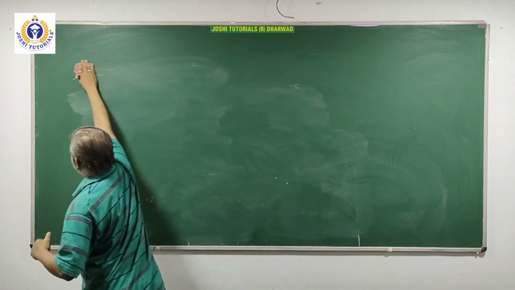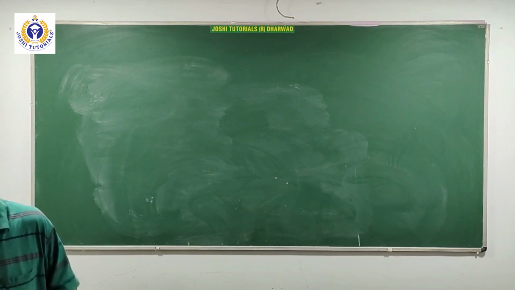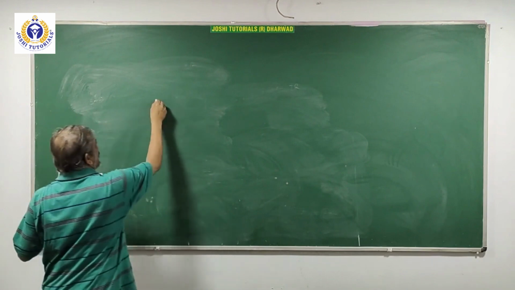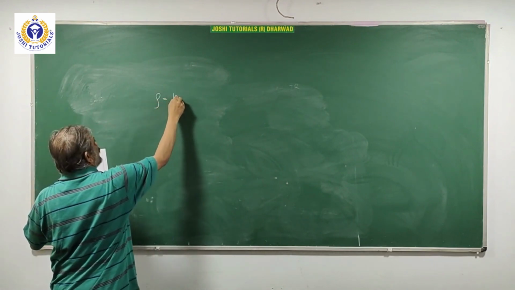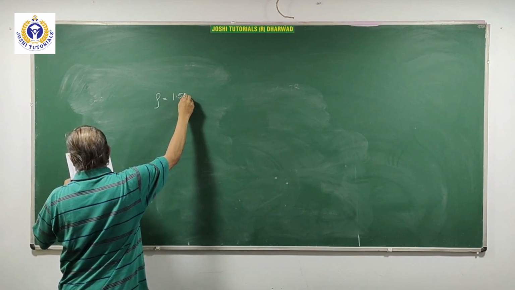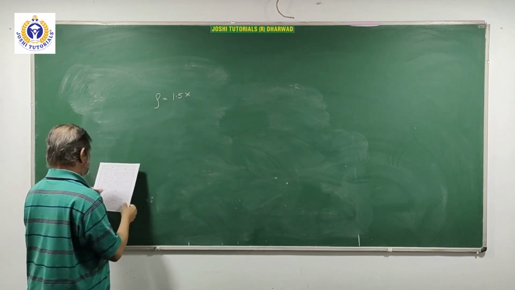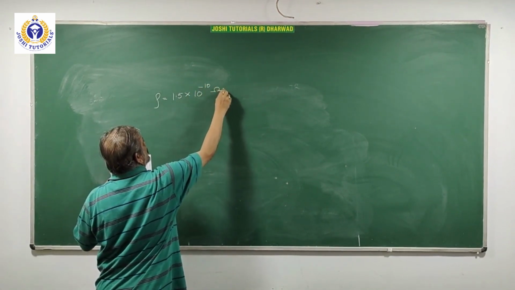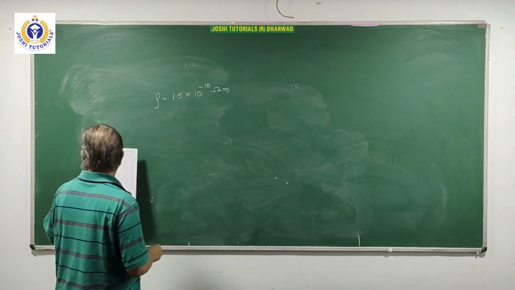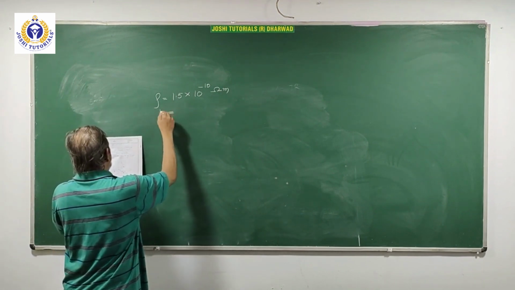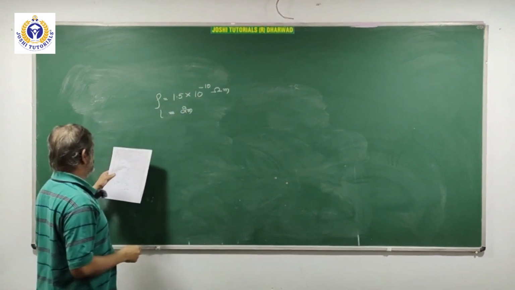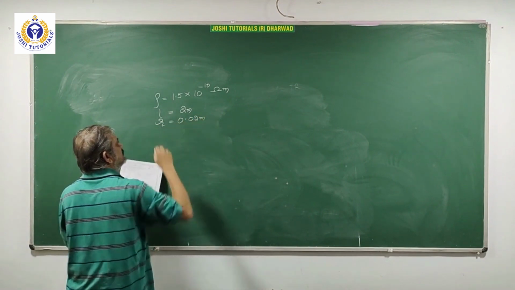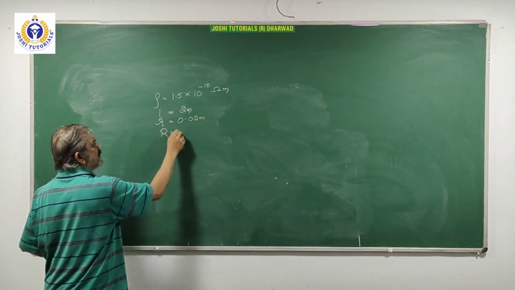For example, resistivity of the material is 1.5 into 10 raised to minus 10 ohm meter. Length of that wire material is 2 meter. Radius is 0.02 meter. We have to find the value of resistance.